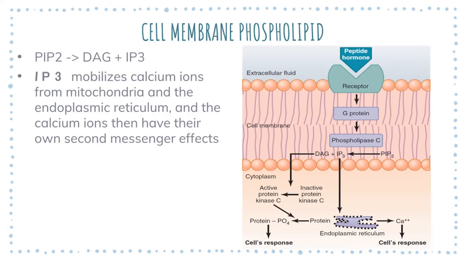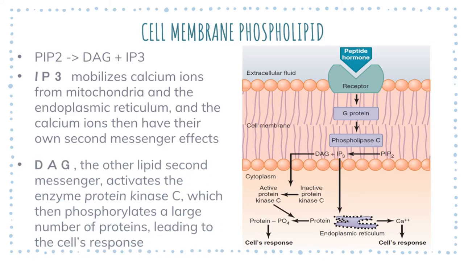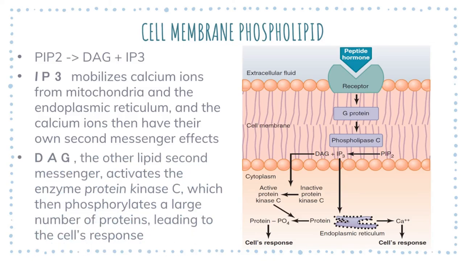And the calcium ions then have their own second messenger effects. DAG, the other lipid second messenger, activates the enzyme protein kinase C, which then phosphorylates a large number of proteins, leading to cell response.